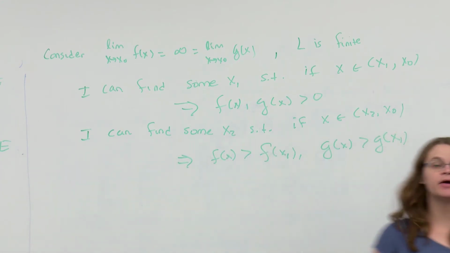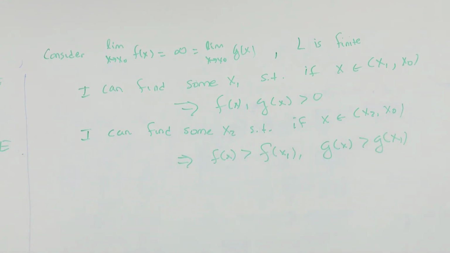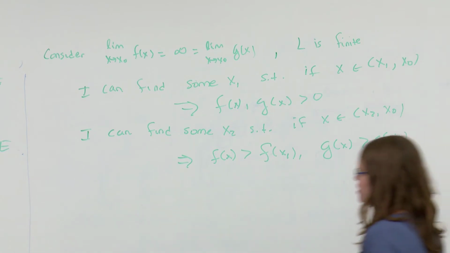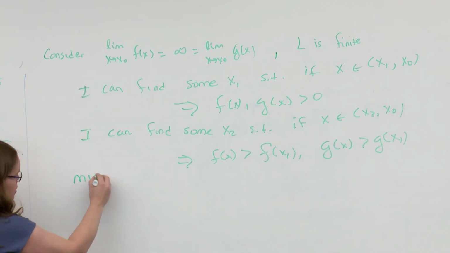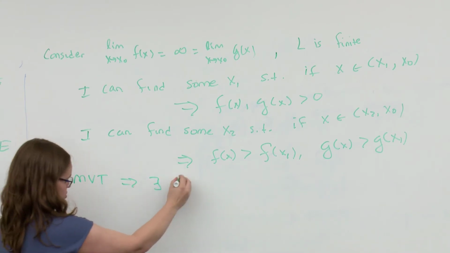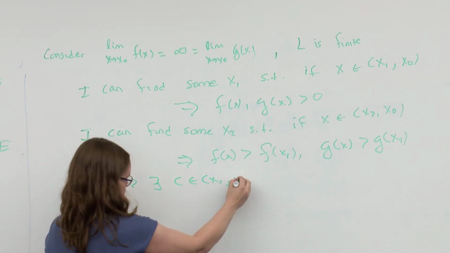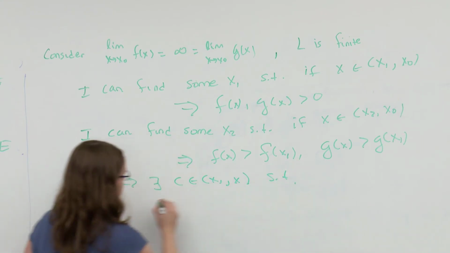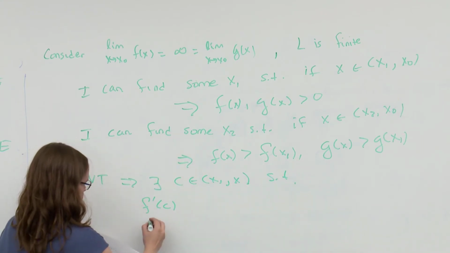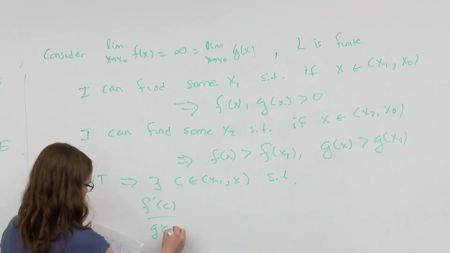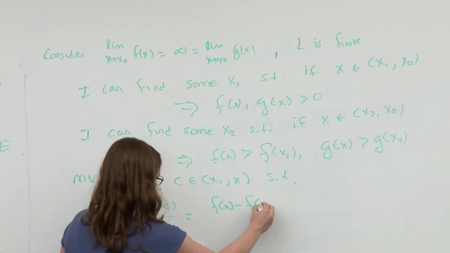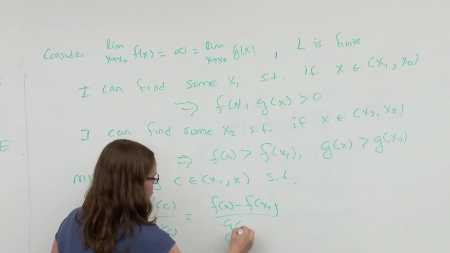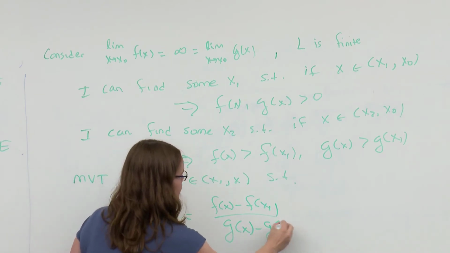Okay, and now I should be in business to use my mean value theorem and feel pretty safe. The mean value theorem says there exists c belonging to x1 and x such that f prime of c over g prime of c is equal to f of x minus f of x1 over g of x minus g of x1.